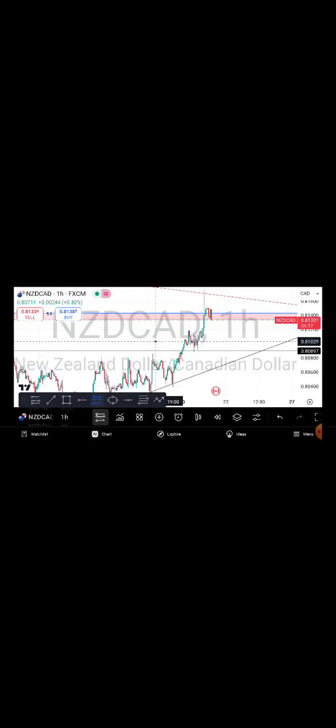Considering this resistance, this zone is still a strong resistance level, strong resistance point, and price already rejected it. So I'm interested in selling NZD/CAD right away. Right now.